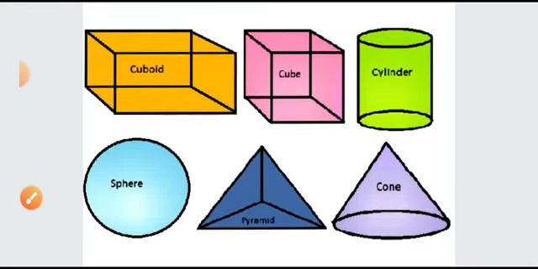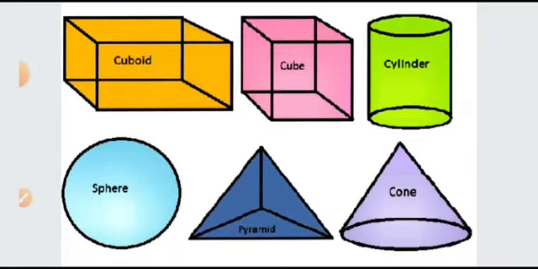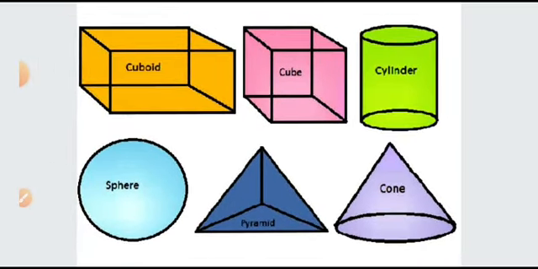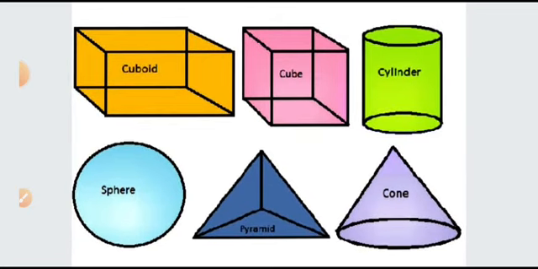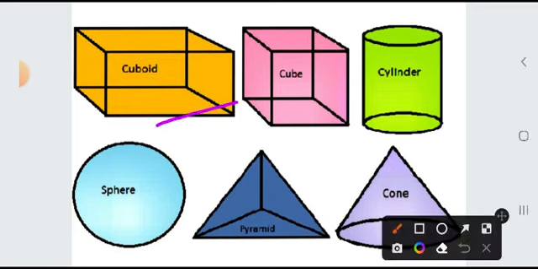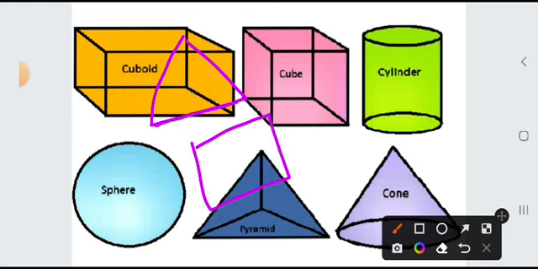Dear students, on your display now you can see six different solid objects, and out of the six different solid objects, can you identify those solid objects which are only made up of polygons, meaning simple closed figures made up of line segments. For example, triangle, this is also a polygon. Quadrilaterals, these are also polygons.